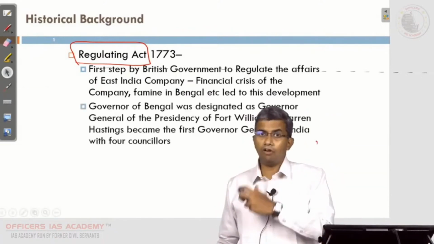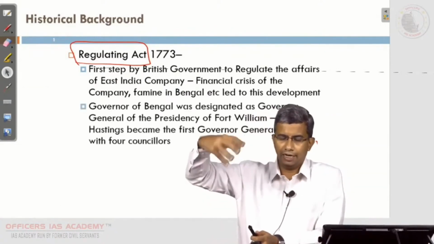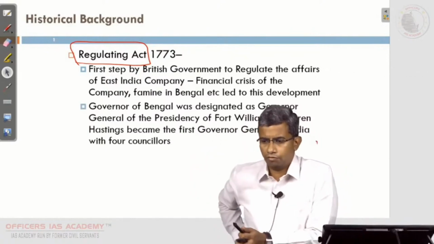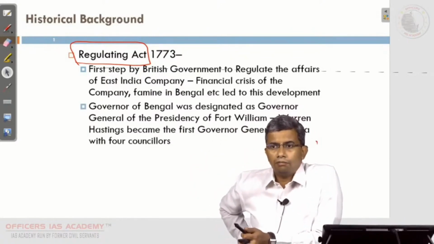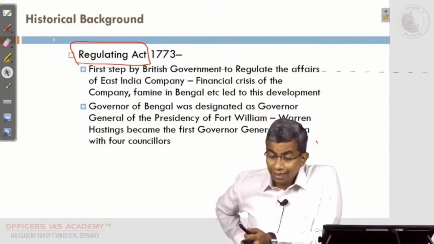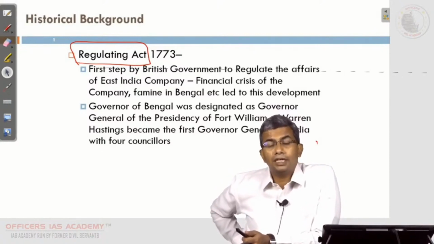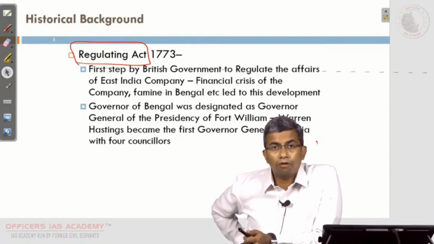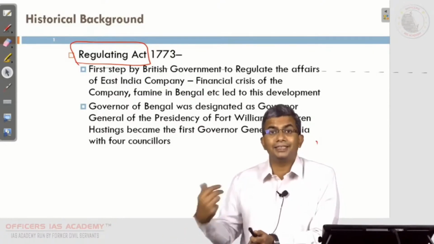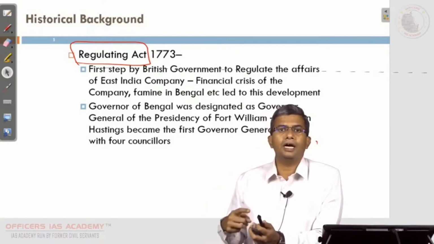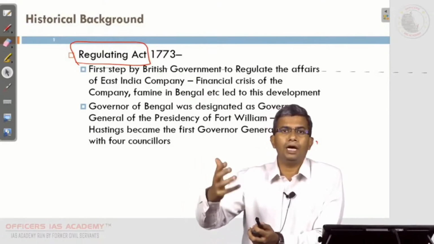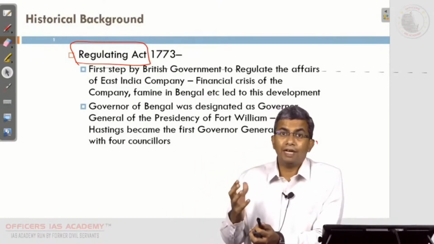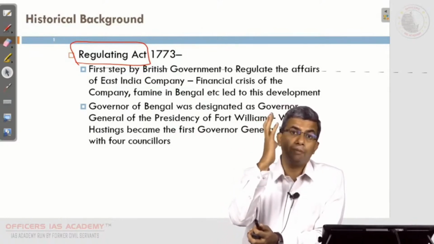Regarding the governor of Bengal, one more term you should be aware of. India was ruled by the British, but till independence there were certain areas which were called provinces. What do you mean by provinces? Whatever we call states now, like Tamil Nadu, Karnataka, Andhra, Telangana, Kerala, Bihar, Uttar Pradesh. These were called provinces before independence.